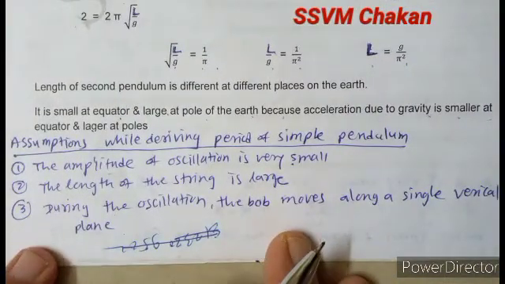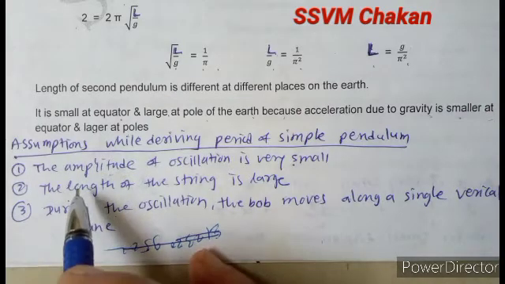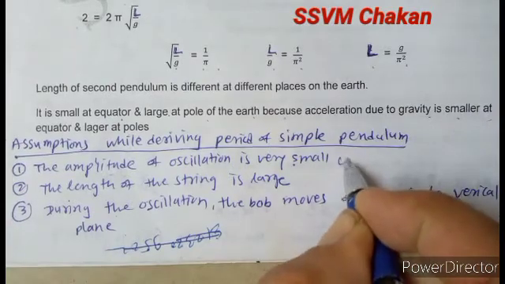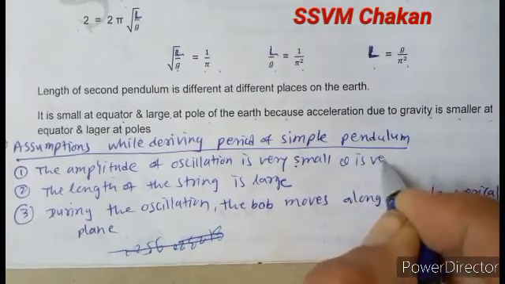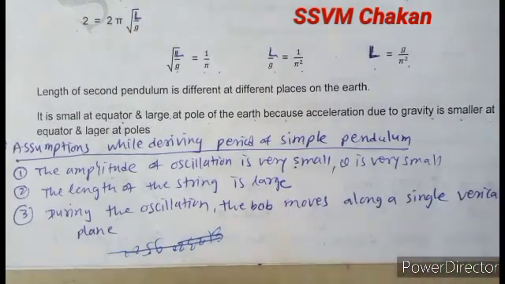Assumptions while deriving period of simple pendulum. So to derive the period of simple pendulum, we have assumed certain things. First thing, amplitude of oscillation is very small. That means theta is very small. So this is the first assumption.